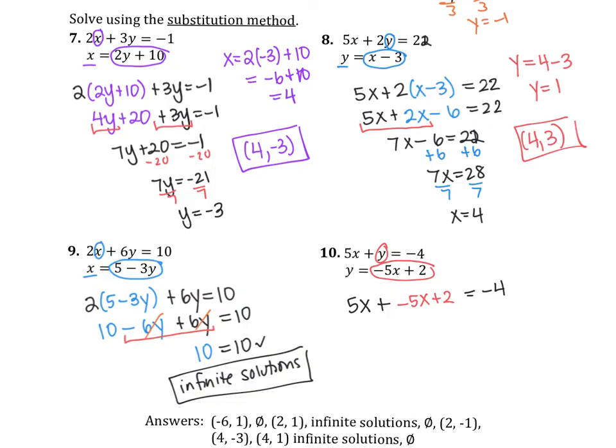Okay, let's combine our like terms. 5x plus negative 5x, 5x minus 5x cancel. So I bring down positive 2 equals negative 4. Okay, does 2 equal negative 4? No, this is a false statement, which means there is no solution.